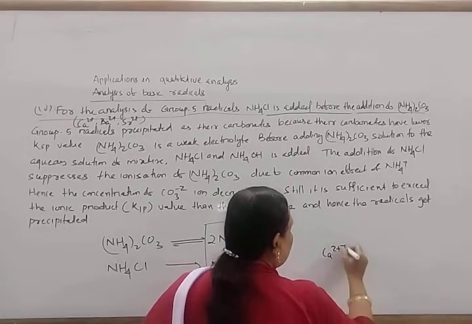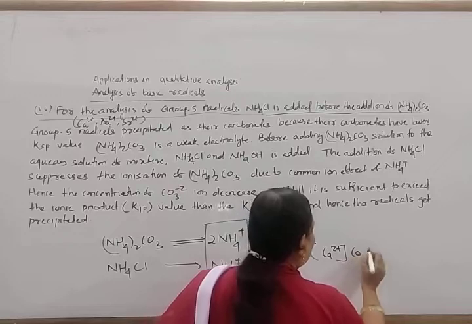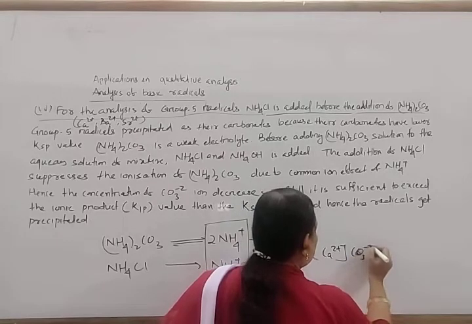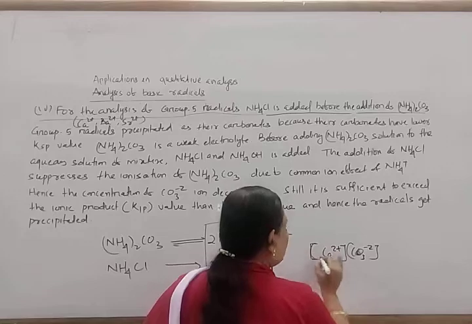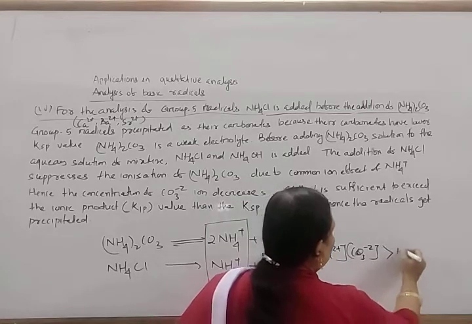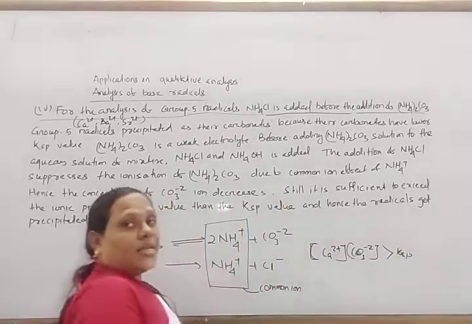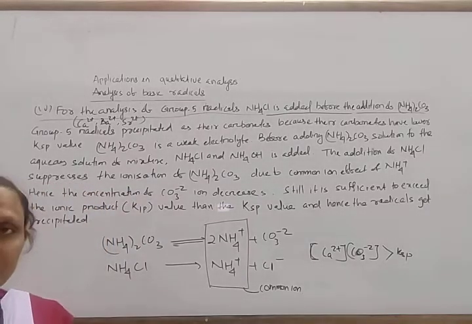Suppose for example the Ca2 plus concentration and the CO3 2 minus concentration, the Kip value is greater than the Ksp value. In this way, it will get precipitated.